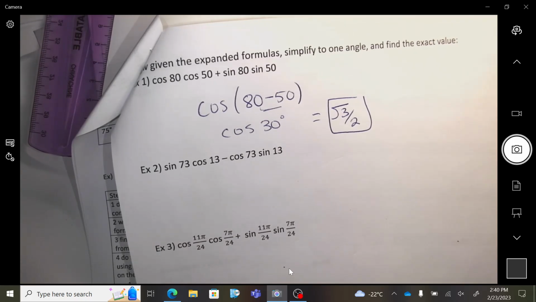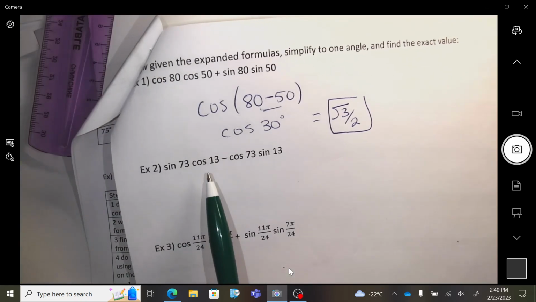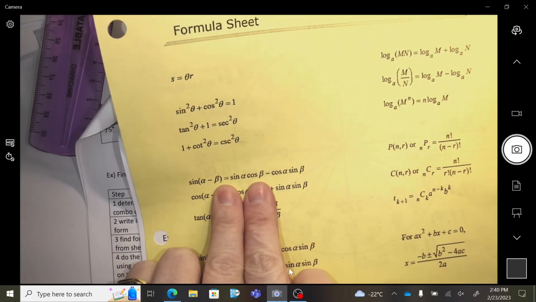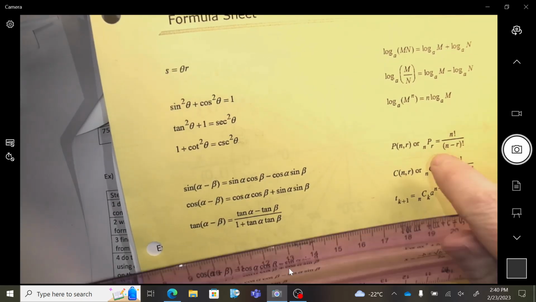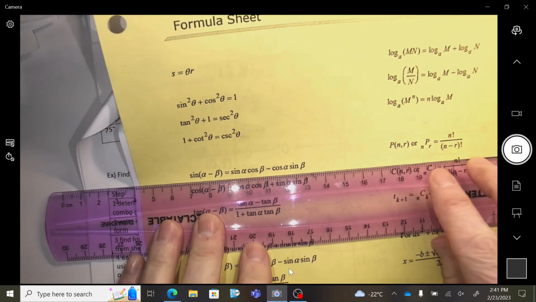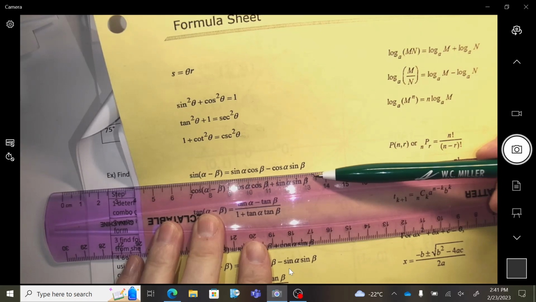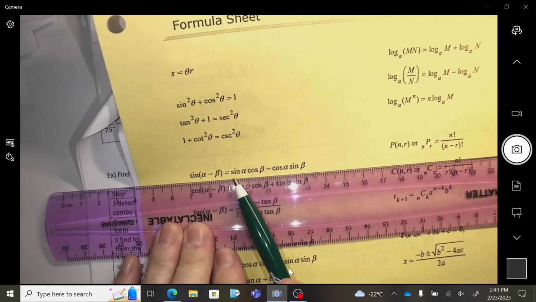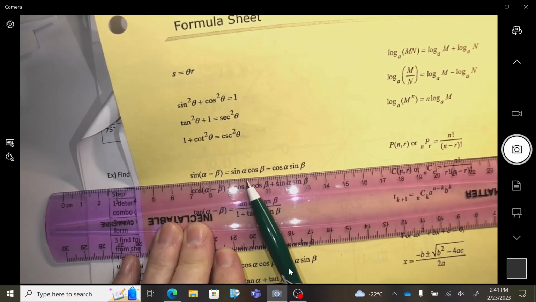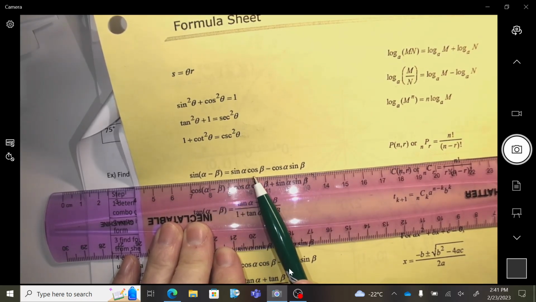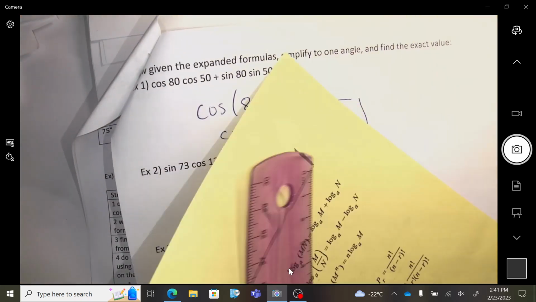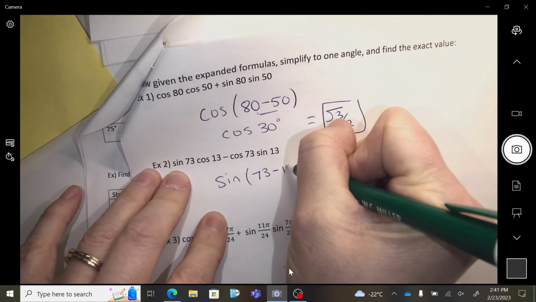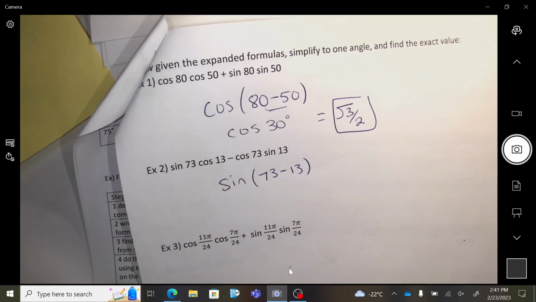Okay, sine cos minus cos sine. Can you find me a formula match? Sine cos minus cos sine. Are we all finding it? I did a sine of A minus B, right? Cole, did you find its match? Yeah. Sine A minus B. So sine of A minus B is what it matched to.